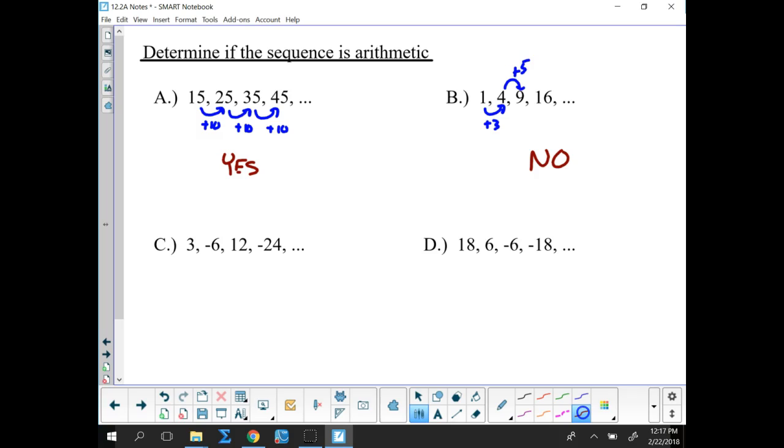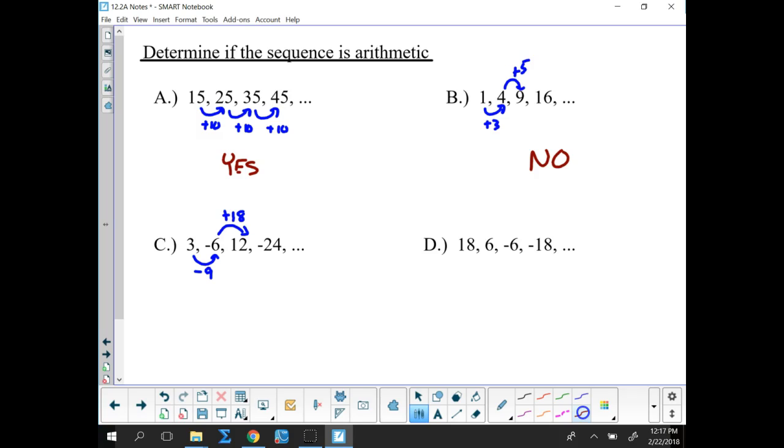What about this next one? C. What are we doing here? It looks like we are subtracting 9. Then it looks like we are adding 18? So that's a big old no, right?